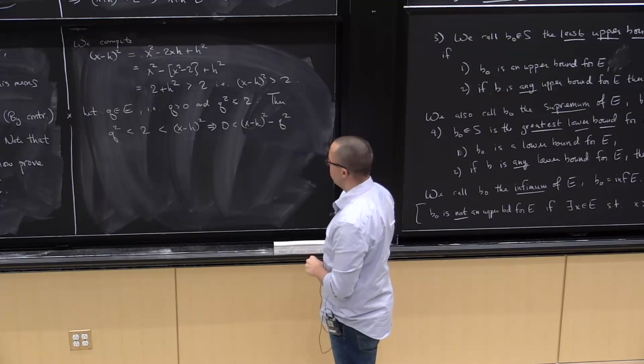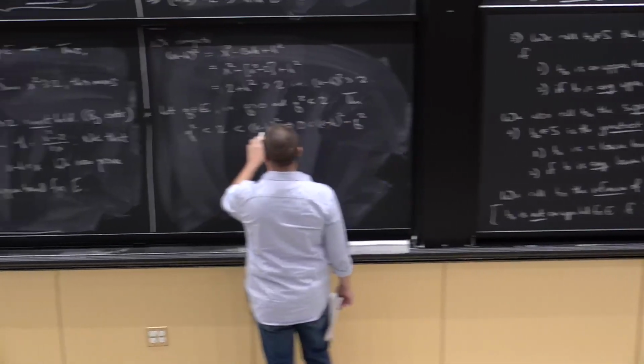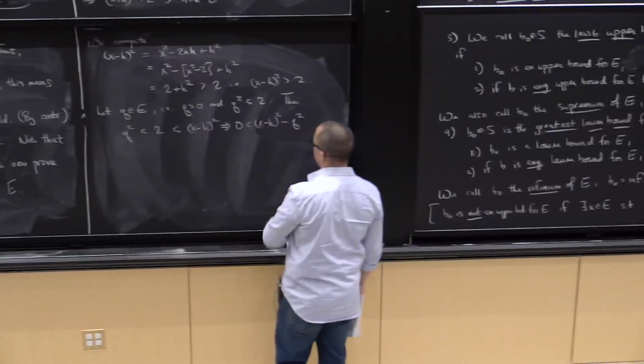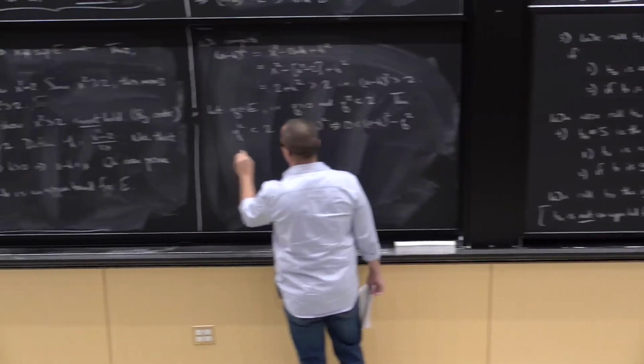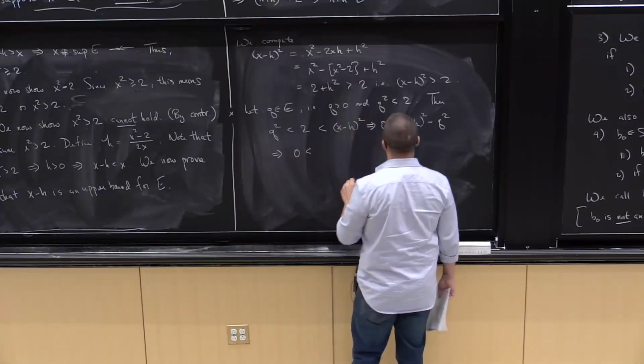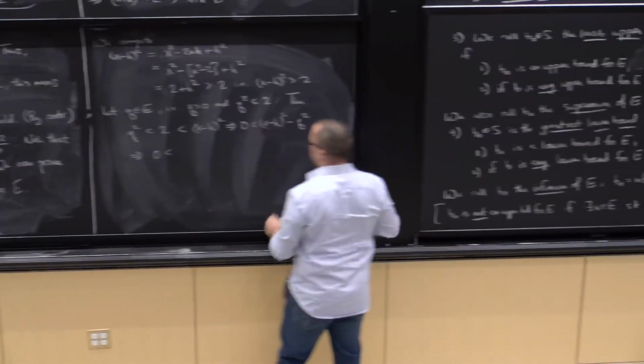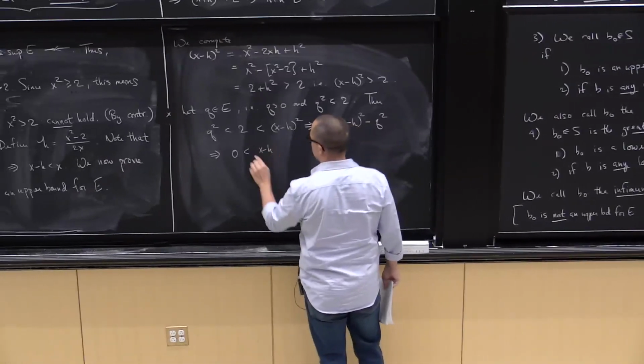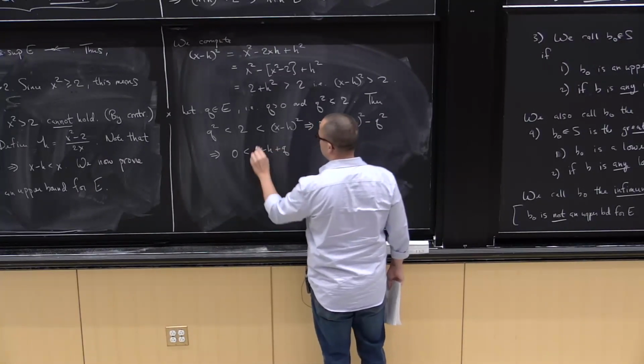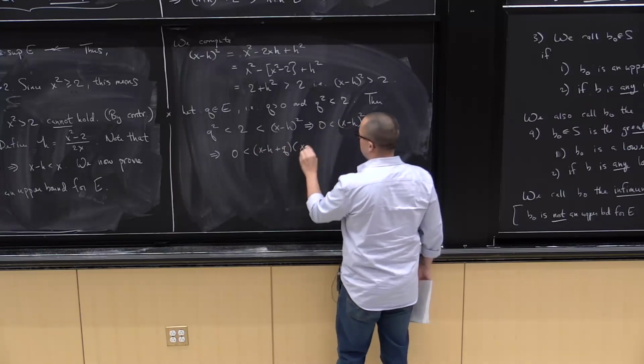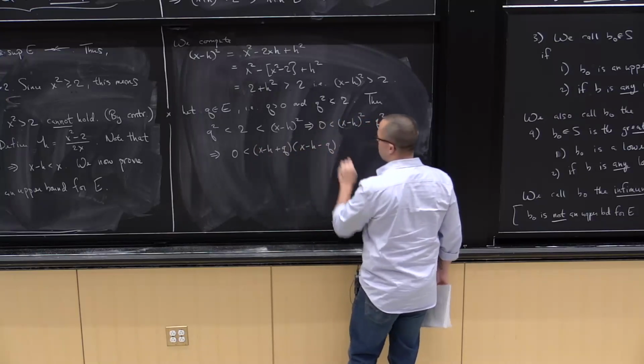Okay? q squared is less than this, so if I just subtract it, I get this inequality. So that implies that 0 is bigger than, now this is the difference of two squares, so I can write this as x minus h plus q times x minus h minus q.